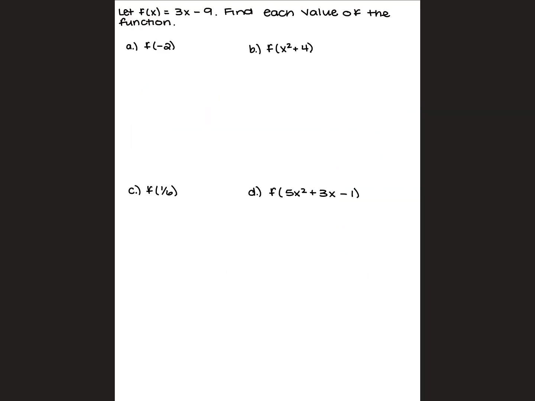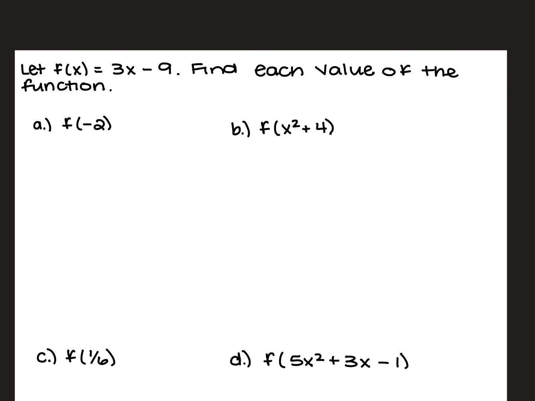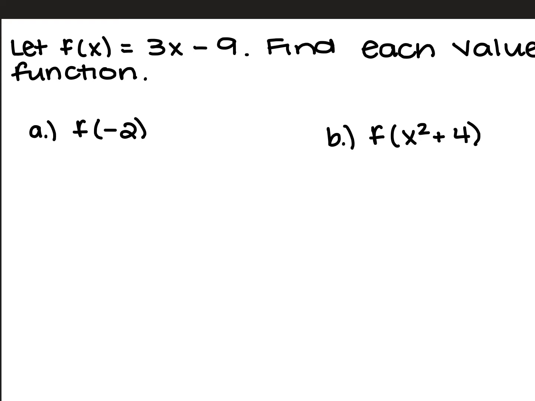All right, so for our next set of examples, we are going to let f of x equal 3x minus 9, and we're finding each value of the function. So for A, we have f of negative 2. So wherever we see that x, we're going to just plug the negative 2 in and then simplify. So f of negative 2 is going to equal 3 times negative 2 minus 9.